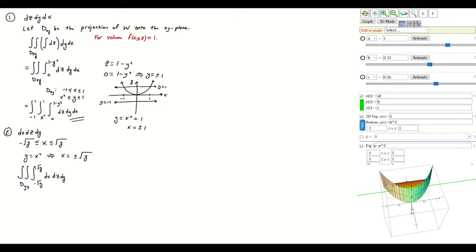So right now we've got our inner bounds figured out. And this was a little bit different than last time because this forced us to solve for the other variable. Last time we didn't need to do that because our surfaces were already solved for z, because we had the plane z equals 0 and the parabolic cylinder z equals 1 minus y squared.